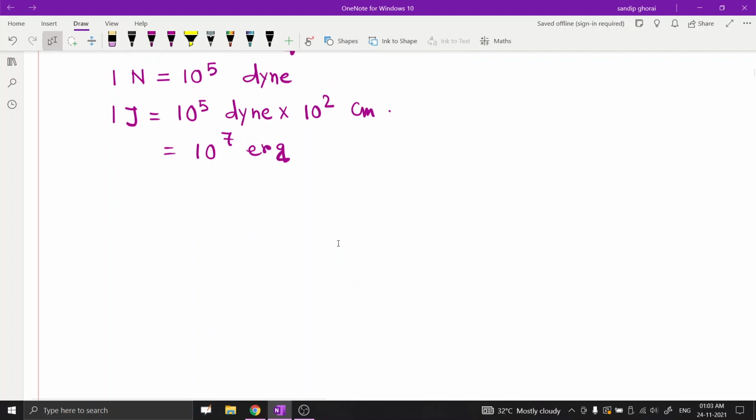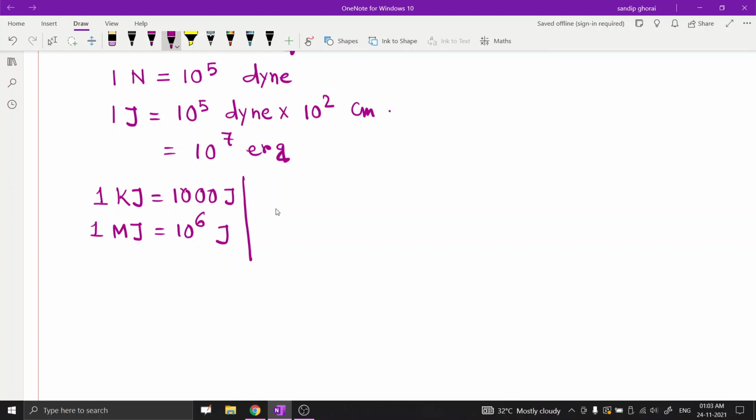Okay, now we also take some more units, some larger units. 1 kilojoule is equal to 1000 joule. If we take 1 megajoule, then this is equal to 10 to the power 6 joule.